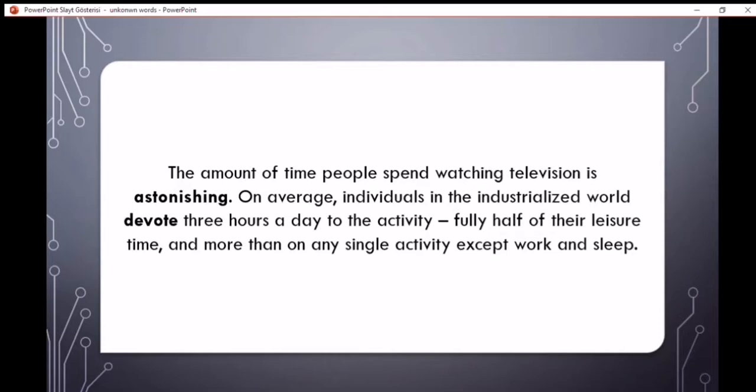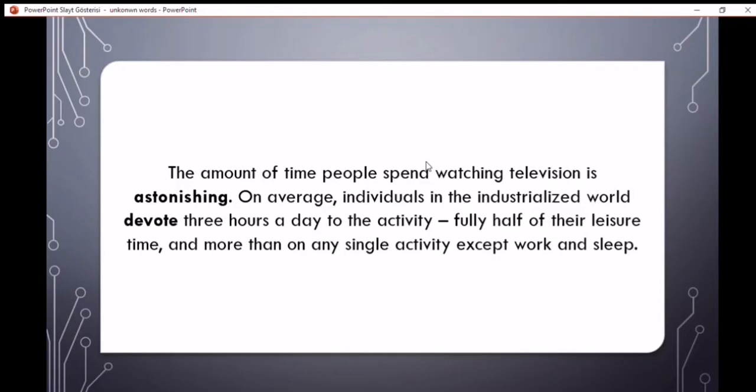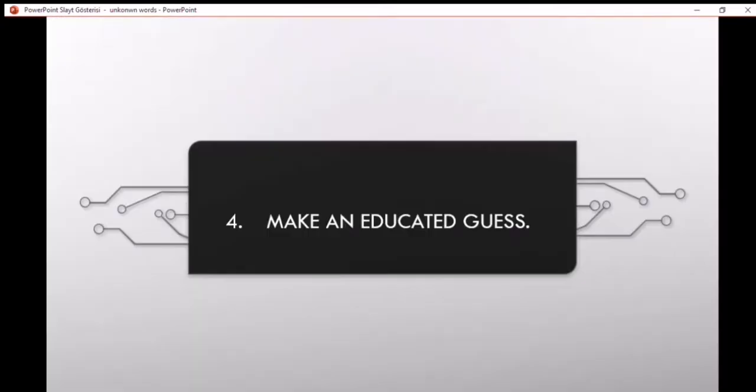When we take a look at the rest, we can see that. Therefore, making an educated guess, we can simply assume that astonishing has a meaning similar to shocking or surprising. So an educated guess is a little bit different than just a guess.